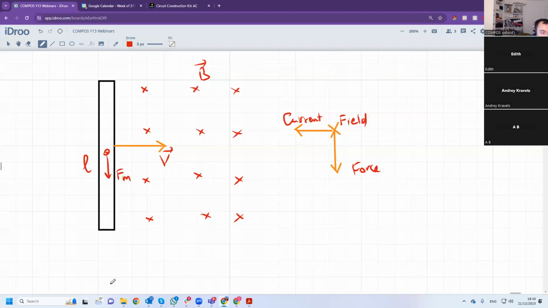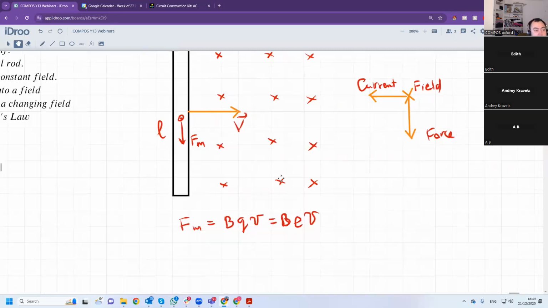It's a magnetic force, and we know the Lorentz force. The Lorentz force on an electron is BQV. Of course, the charge of an electron is e, so you can say it's BeV. Okay, that's the magnetic force.